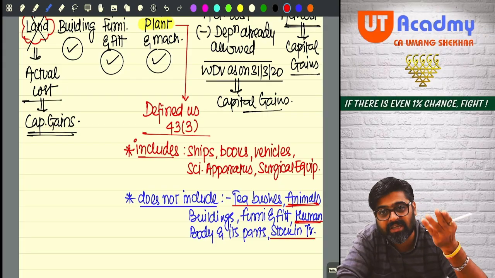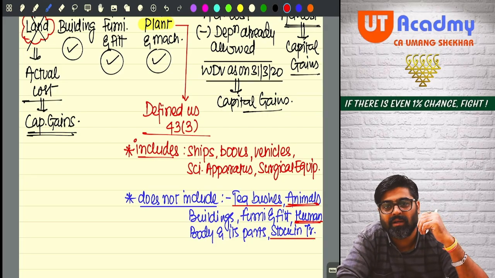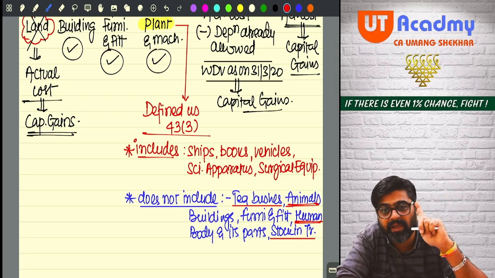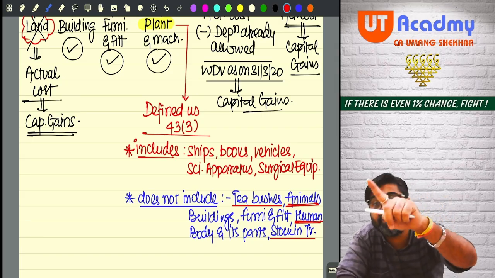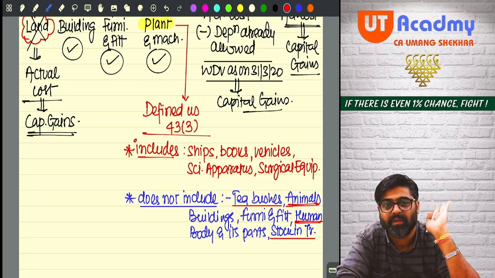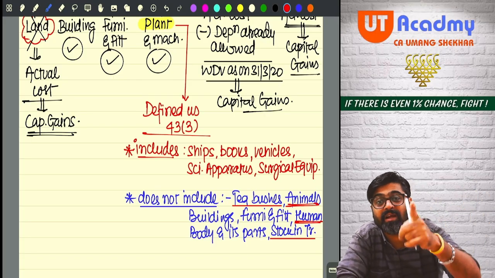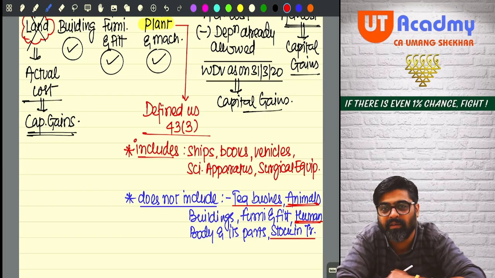If you see surgical equipment used by the doctors for surgery and all, yes or no, even they are plant and machinery. Meaning that any cost incurred by the assessee for these things, that cost will be allowed in the form of depreciation because they are treated as plant and machinery.